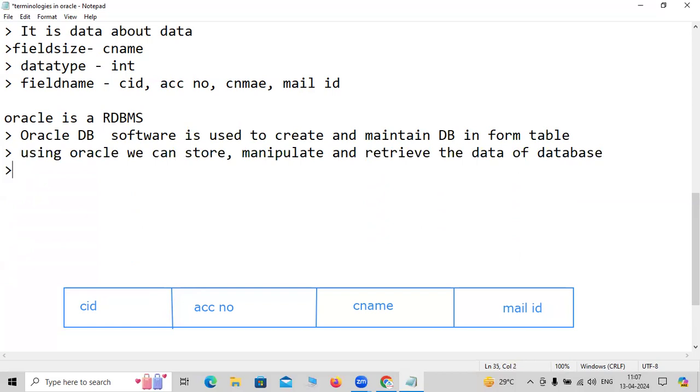Basically, using the Oracle software, first we are storing the data in the database. We are entering the record and storing it in the database. Then we are manipulating. Manipulation means three actions.